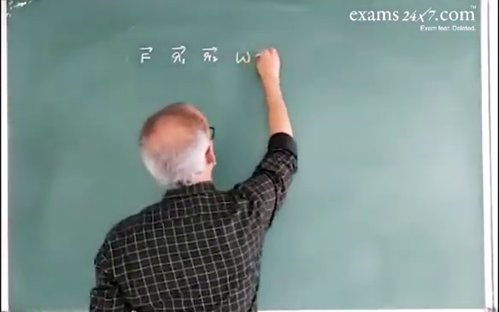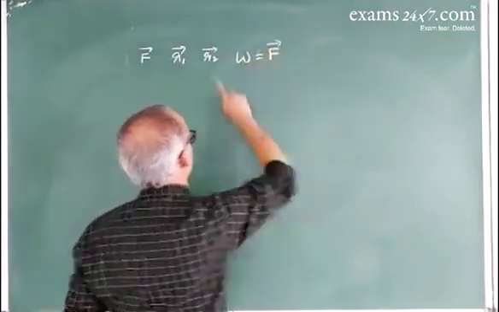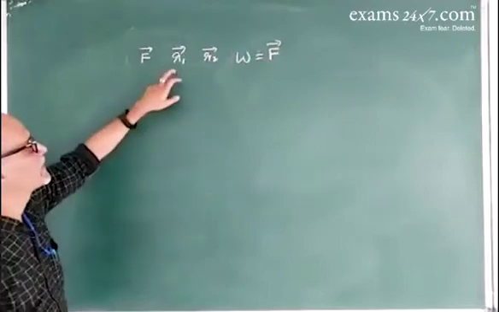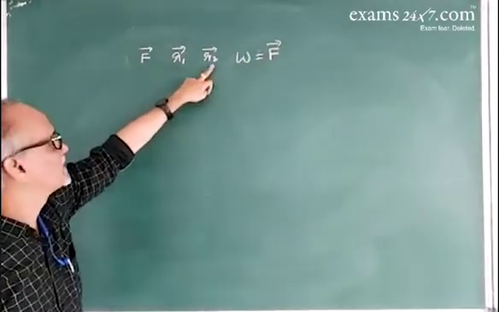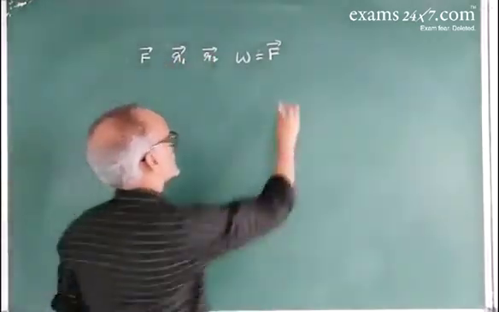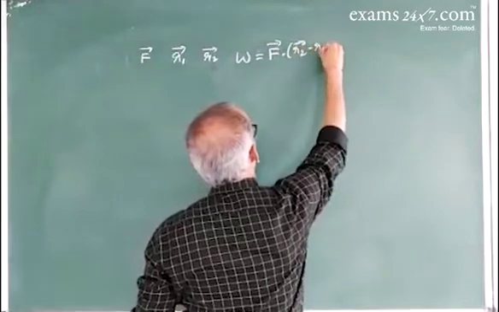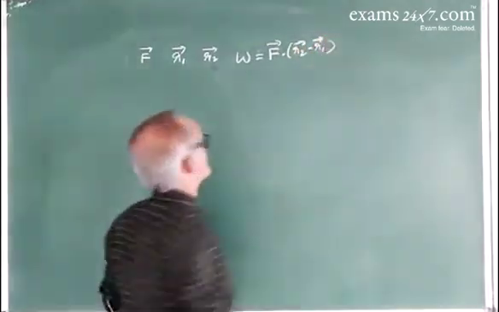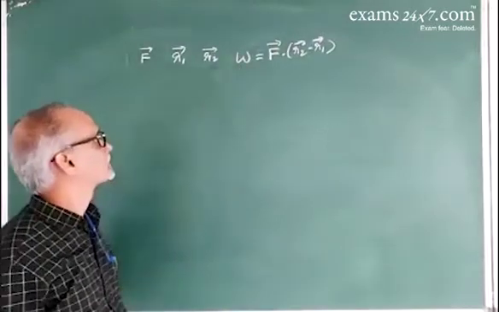Work done is equal to the constant force dotted with the net displacement. How do you find the displacement when vector R1 and vector R2 are given? The net displacement is R2 minus R1. So it is the dot product of F with R2 minus R1. That gives the net work done.